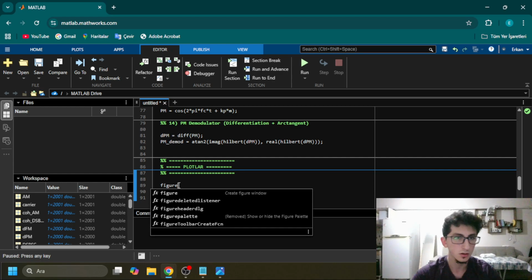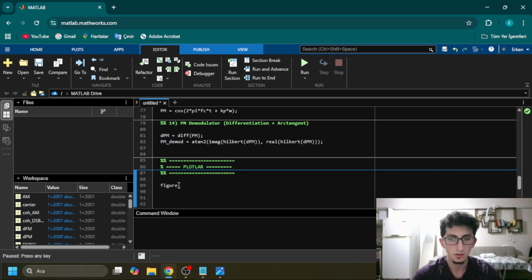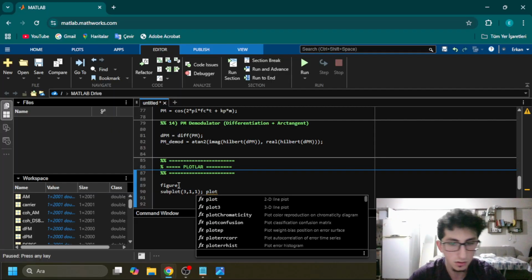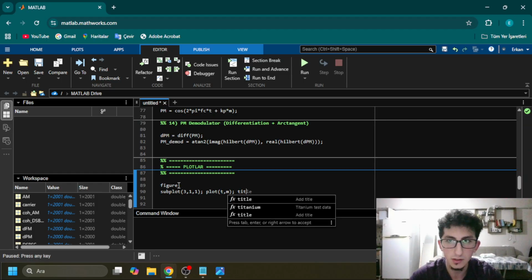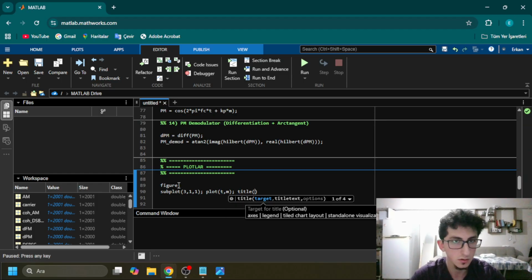Figure, and subplot 3, 1 and 1, and also plot, yeah, t, m, and the title is message signal.